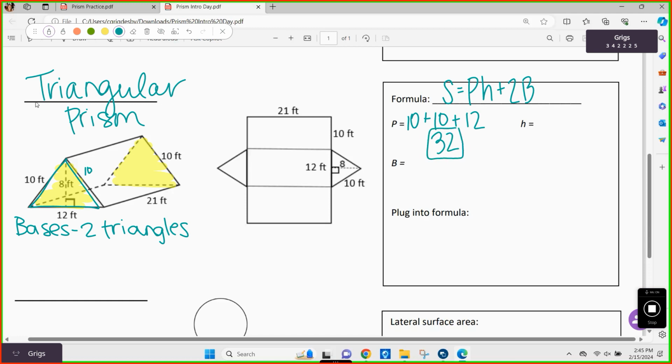One thing I want to note with my height: I got so into talking yesterday. Let's correct the h on your purple sheet. It should be the height is the distance between bases.